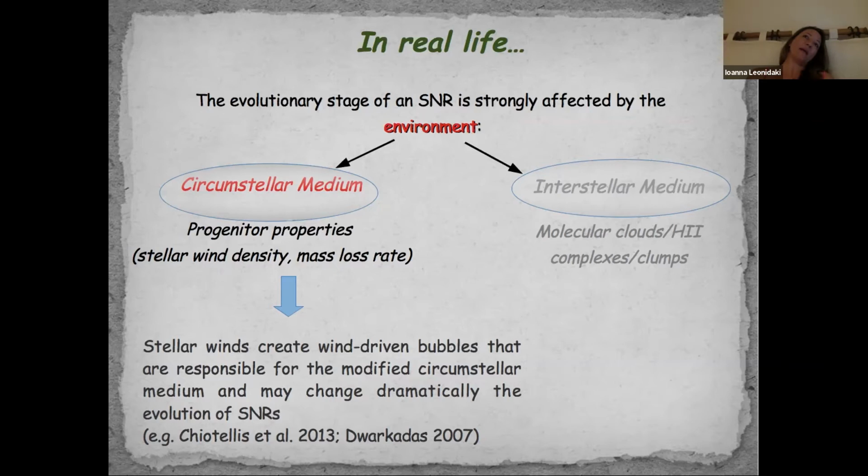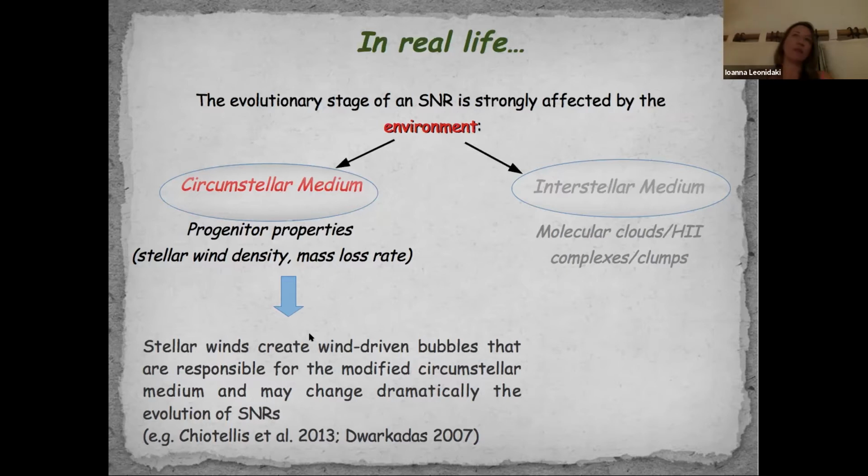It means that a massive star progenitor, and when we say massive, we mean with solar masses larger than 20 or 25, expels stellar winds and creates wind-blown bubbles.